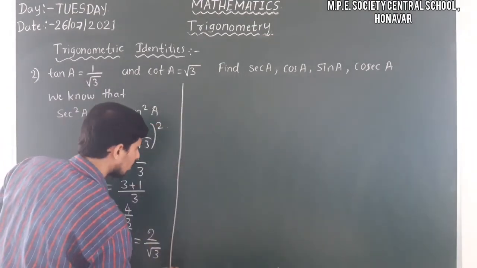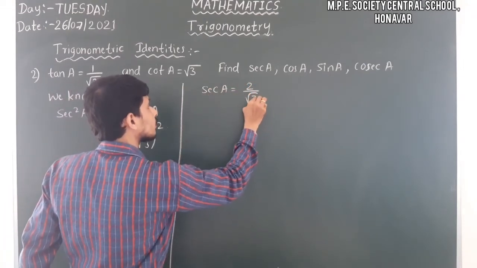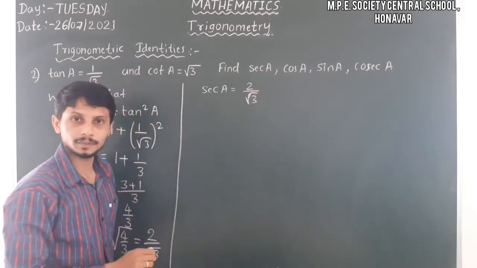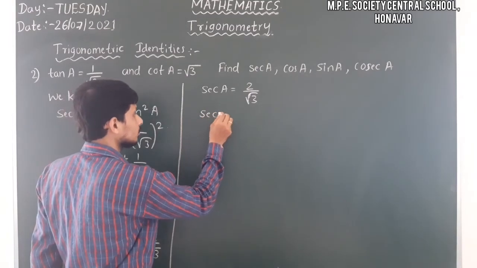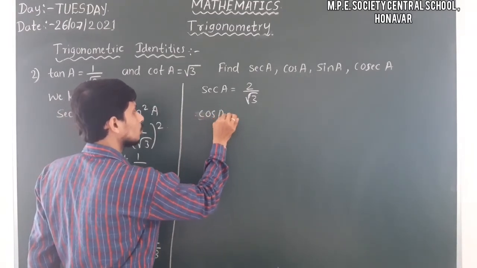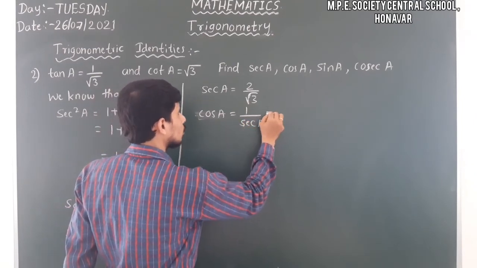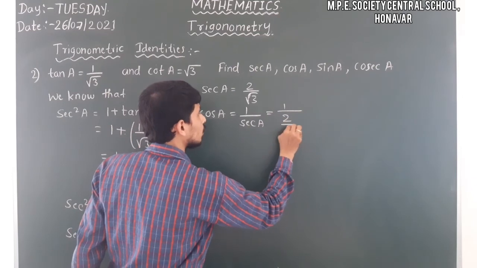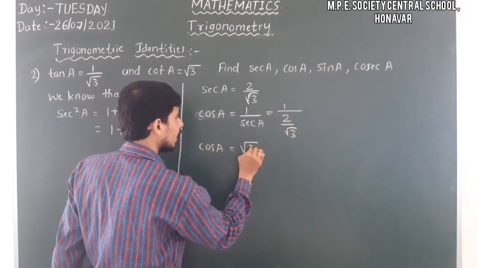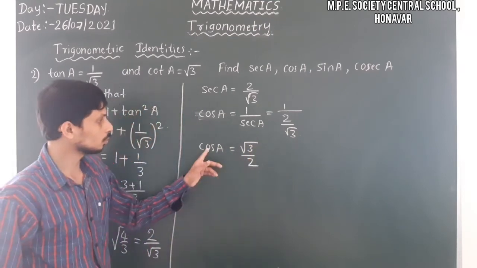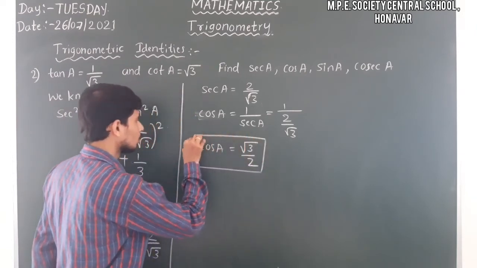Take the inverse of that: cos a is equal to 1 divided by secant a, which is 1 divided by 2 by root 3. So the value of cos a is equal to root 3 by 2.